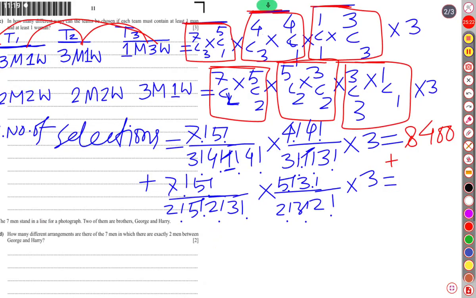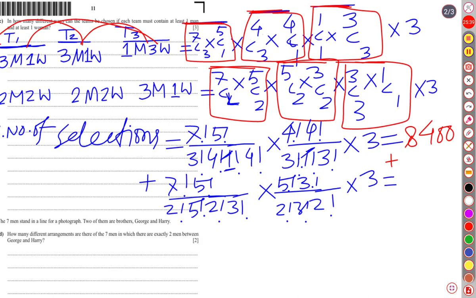Numerators are 2 5 2 3 2 3 2. That means how many twos are there? 4 twos, 2 threes, 1 5.